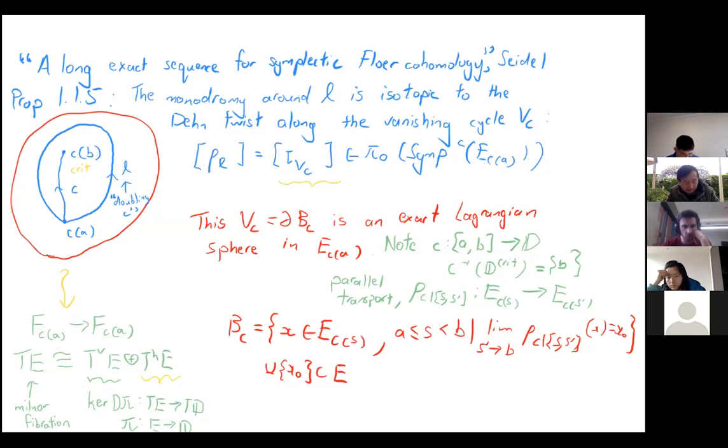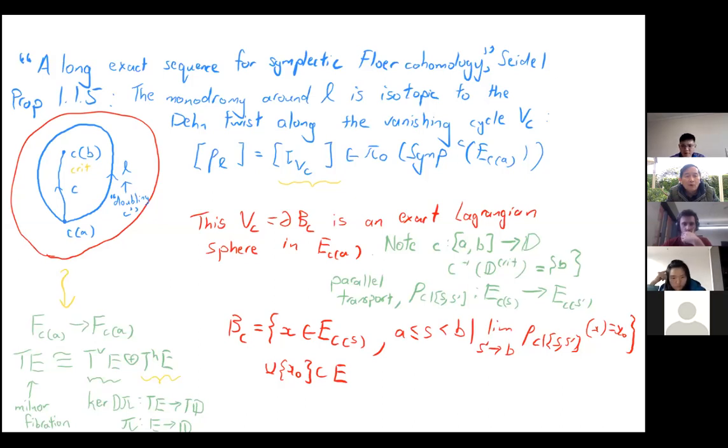I think so. So if we fix x, that is a sphere, like the vanishing cycles. All the vanishing cycles will limit to that point.